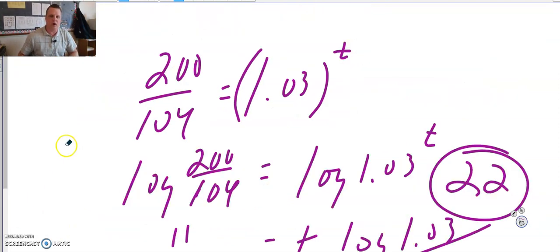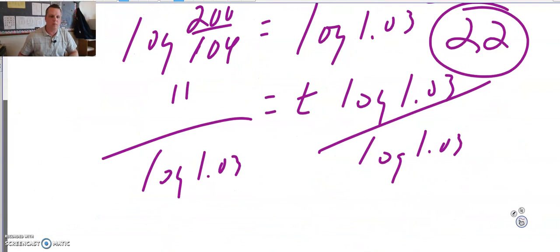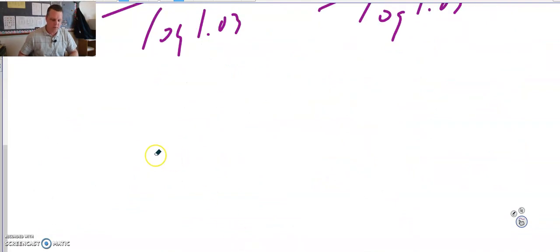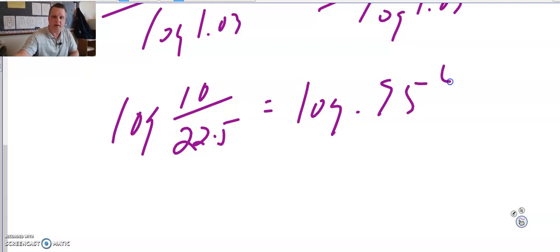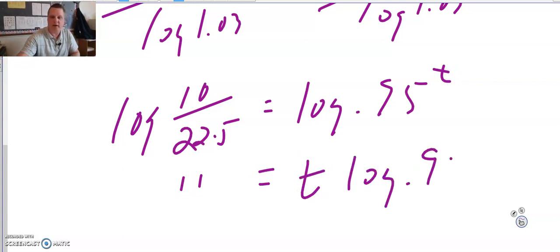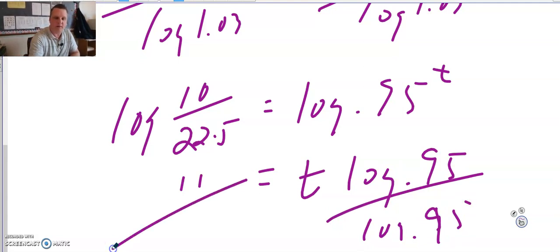So I'm going to do log of 10 over 22.5 equals log of 0.95 to the t. So this comes down again, equals t log of 0.95. Divide by log of 0.95.